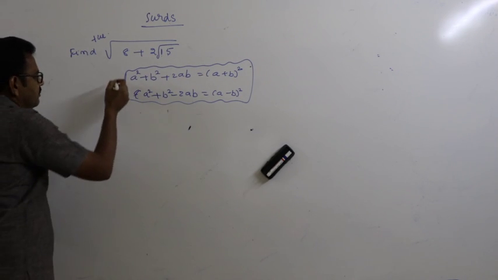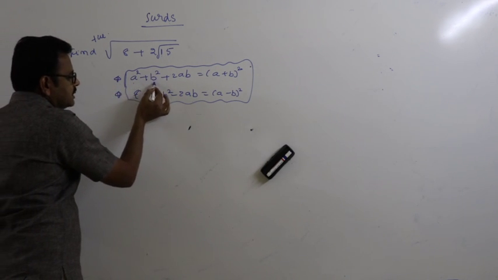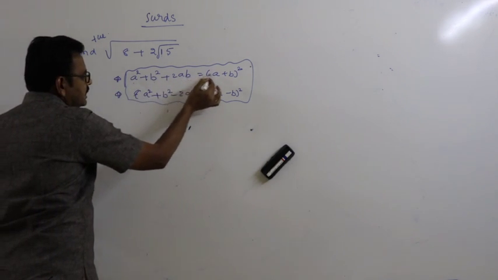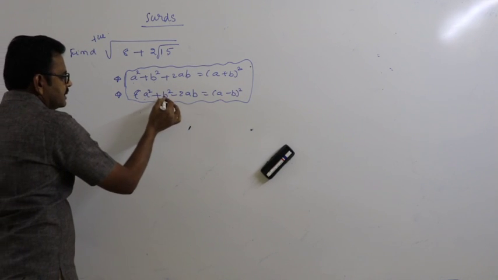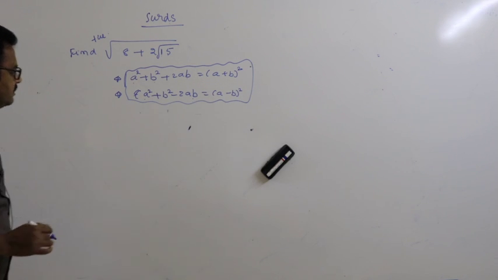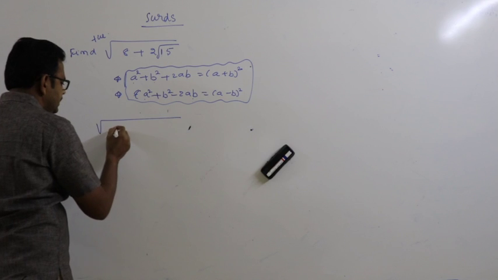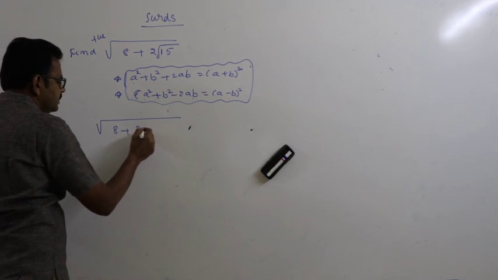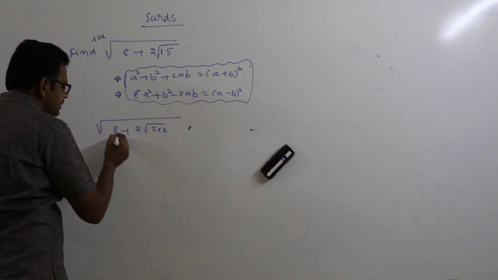Now formulas. A square plus b square plus 2ab is equal to a plus b whole square. A square plus b square minus 2ab is equal to a minus b whole square. Now write 8 plus 2 root 15: factors 5 into 3, and 5 plus 3 is 8.